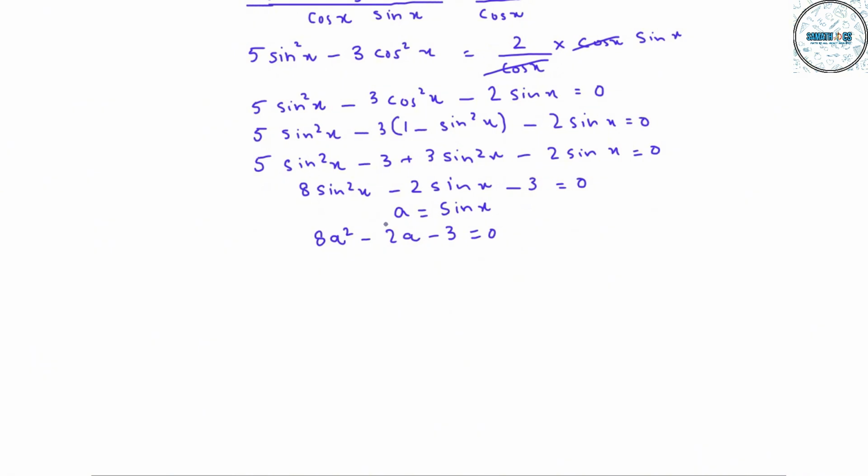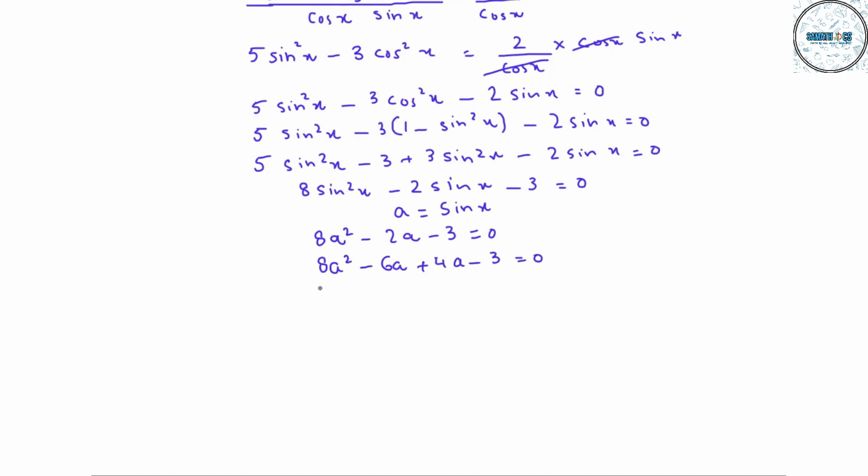So we can have factors of 24 as 6 and 4, which will give the result as 2. So we can write here 8a squared minus 6a plus 4a minus 3 is equal to 0.